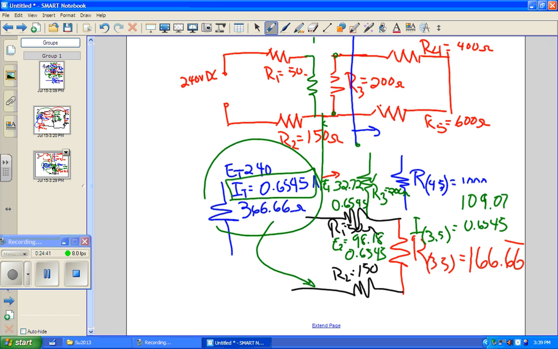So this equivalent resistor is standing in for everything over here, and that's 3 through 5. And it's in series with this one and this one. So the current only has that path if you only look at this equivalent resistor. Okay, so now, let me take that back out.